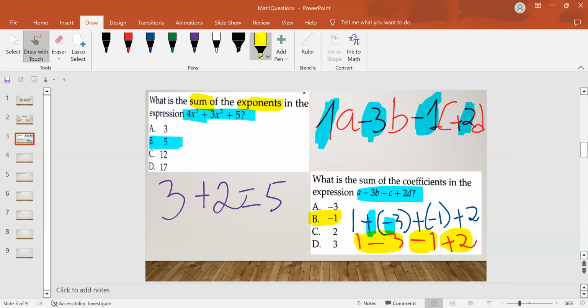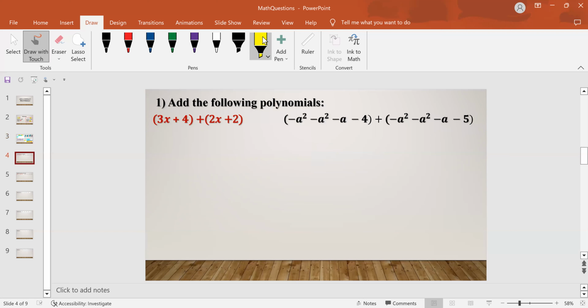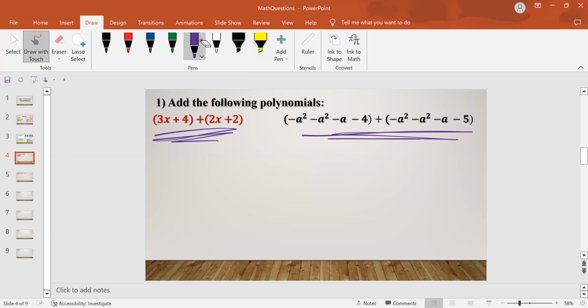Okay, so we can continue with other problems. They say add the following polynomials. So here we have two different problems. We have this one to add and also this one to add. They say add because we have a positive sign between the two polynomials.